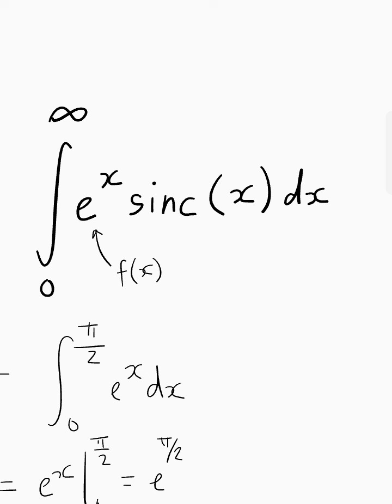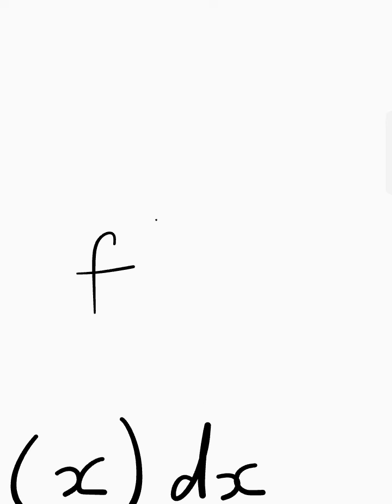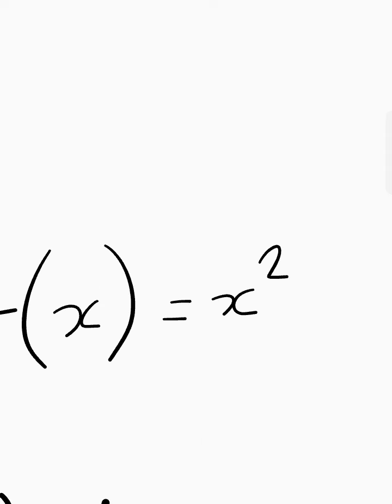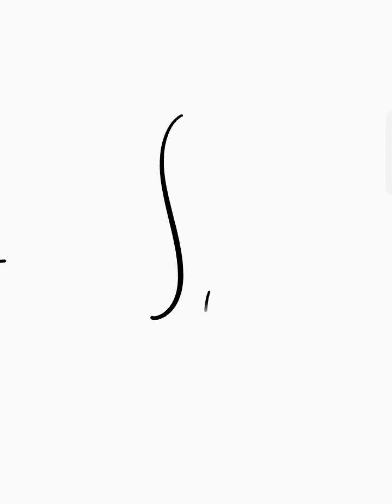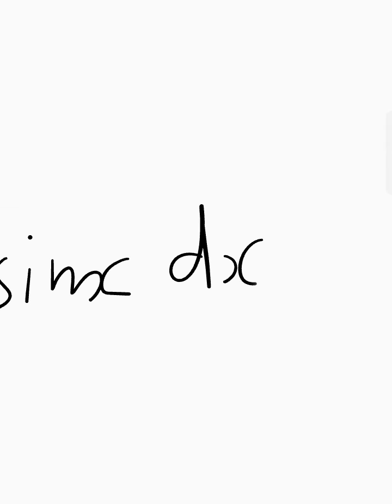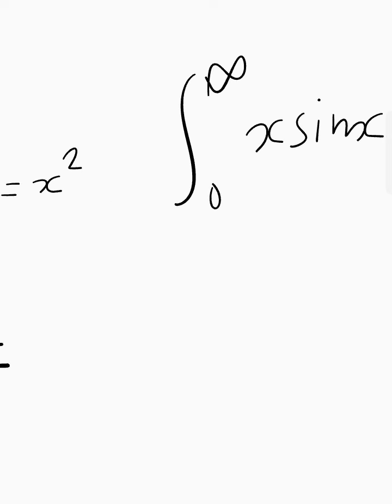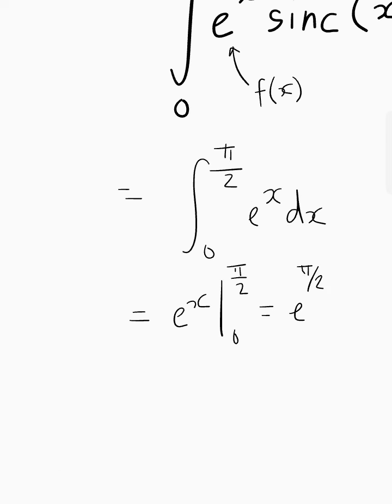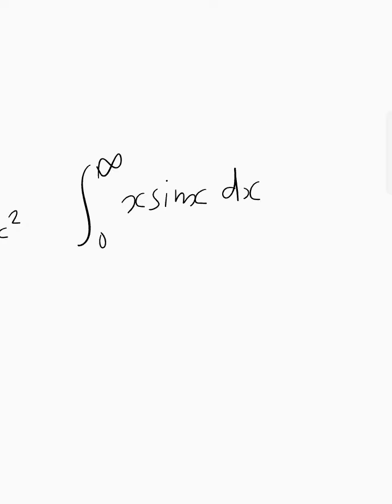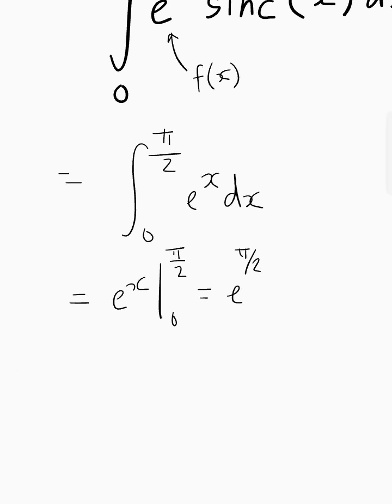If I cancel out the x in the denominator using the function, like say f of x is equal to x squared, then it's merely just the integral from 0 to infinity of x sine x dx, which diverges, unfortunately. You can already tell from inspection that this thing diverges.